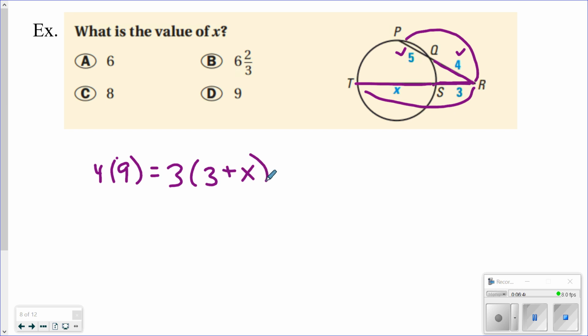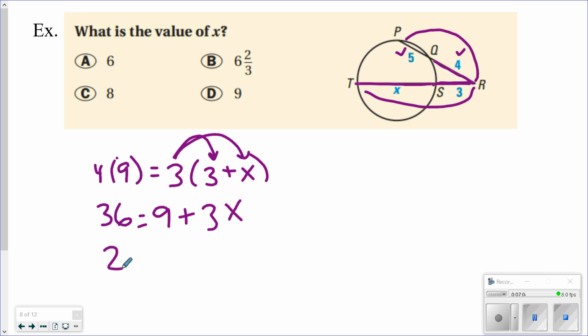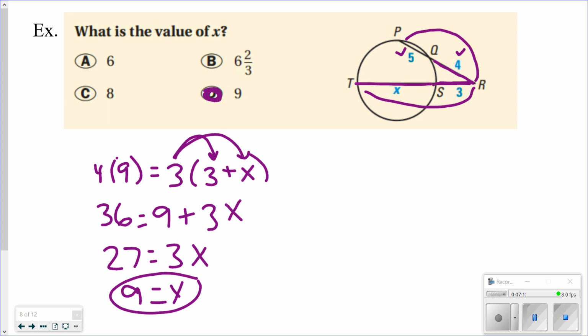First, 4 times 9, we know that's 36, is equal to, I need to distribute this 3 inside the parentheses, so this becomes 9. 3 times x is 3x. Let's solve for x by subtracting 9 on each side, so 27 is equal to 3x. Divide by 3, we get that 9 is equal to x. So we get answer choice D here.